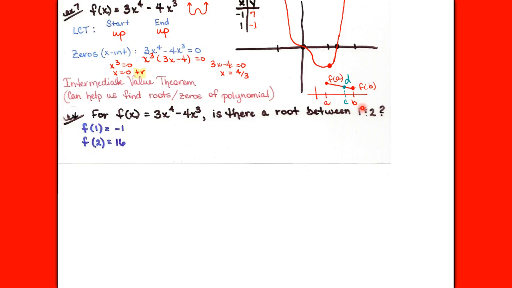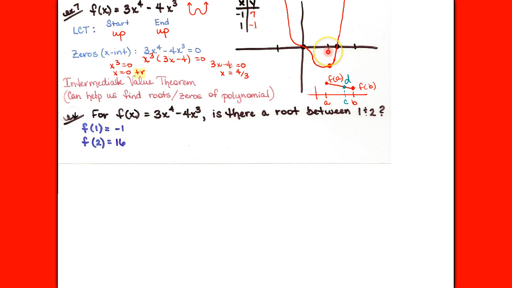What we want to use the intermediate value theorem for, for our intents and purposes, is proving that there is a root between two values. So for our example, it says if f of x is equal to 3x to the fourth minus 4x to the third, that function we were just working with, is there a root between 1 and 2?